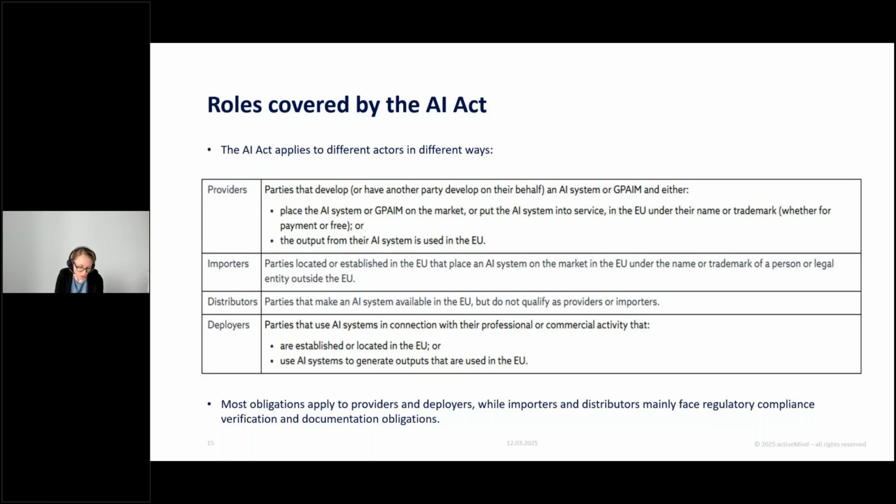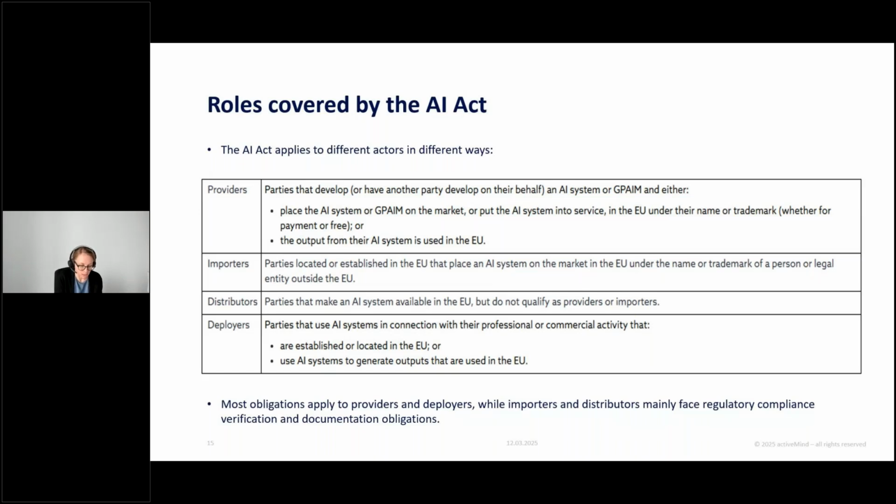The importer could be a company that imports exactly this software from a third country into the EU. So the importer must check whether the software complies with the EU AI Act before it's offered on the EU market. So if you're dealing with an importer located in the EU, the importer needs to make sure that the AI system or technology is complying with the EU AI Act.